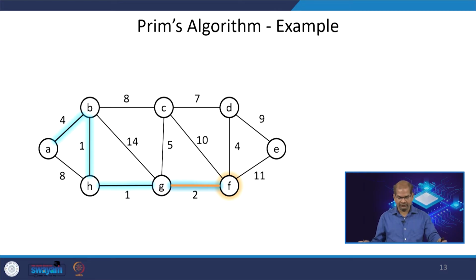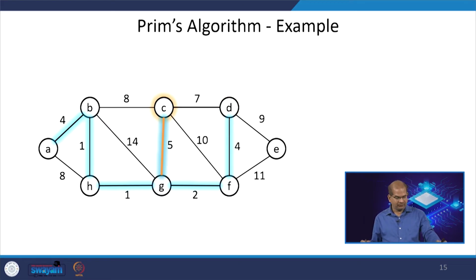That is the edge of weight 4, and it is connected to node D. Now, after the 4 we have another edge which has weight 5. The 5 is selected because it has the minimum weight, and we will select an edge from G to C.